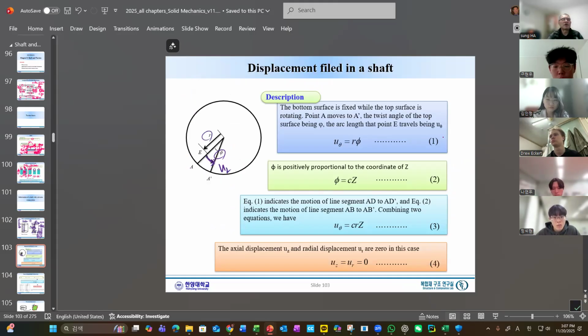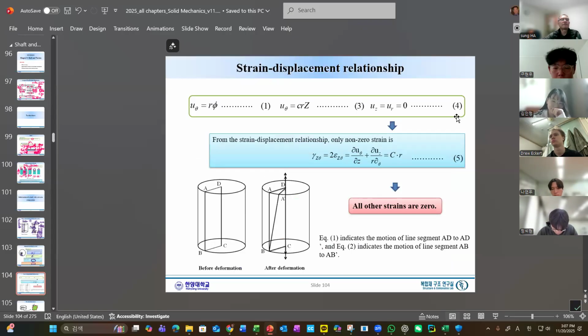So U theta is, starting from here, R times phi, and phi increases proportionally to z. So we can put it here. Exactly the same topic as I mentioned. So U theta and this are actually the same.